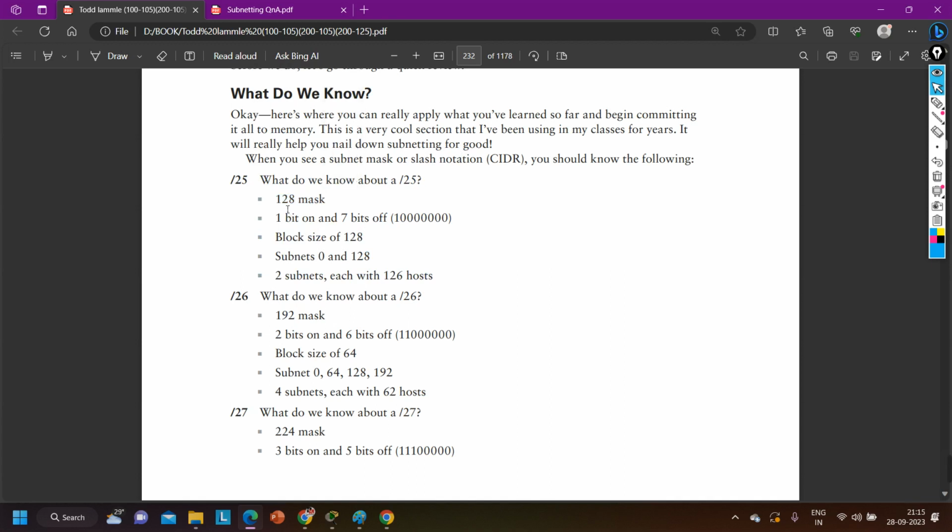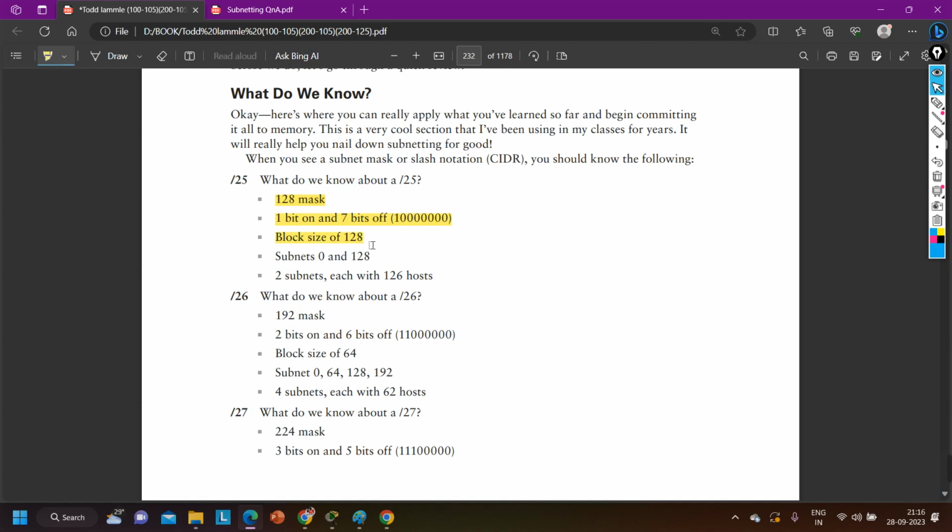Option A is 100% correct. Option B is also correct.